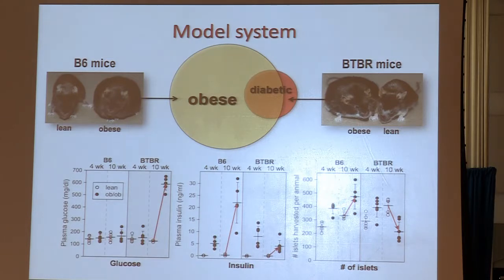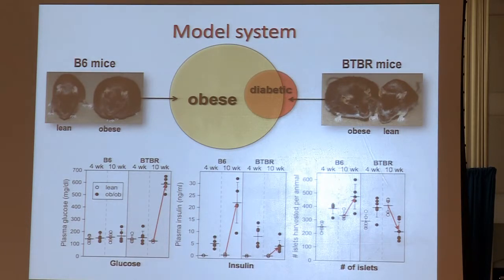So with these two mouse strains, we've now separated obesity from diabetes, and we think of the BTBR as an animal that is genetically predisposed to develop diabetes in response to obesity. And we've spent 10 years exploiting this genetic difference to identify key genes that confer that susceptibility.